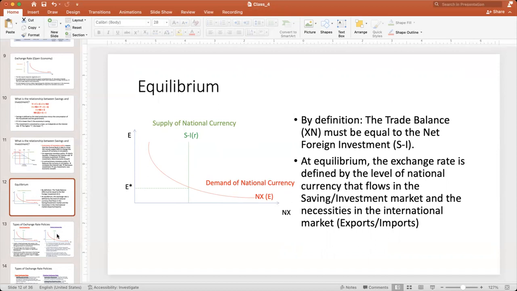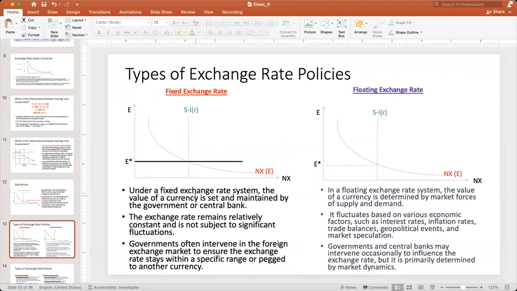And we can have two types of exchange rate policies: the fixed exchange rate and the floating exchange rate. What is a fixed exchange rate? Well, this is another concept that you need to understand very well in this chapter. Under a fixed exchange rate system, the value of a currency is set and maintained by the government or central bank.